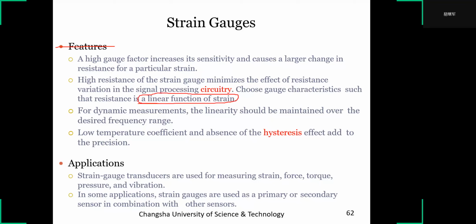For dynamic measurements, the linearity should be maintained over the designed frequency range. No temperature coefficient and the absence of hysteresis.